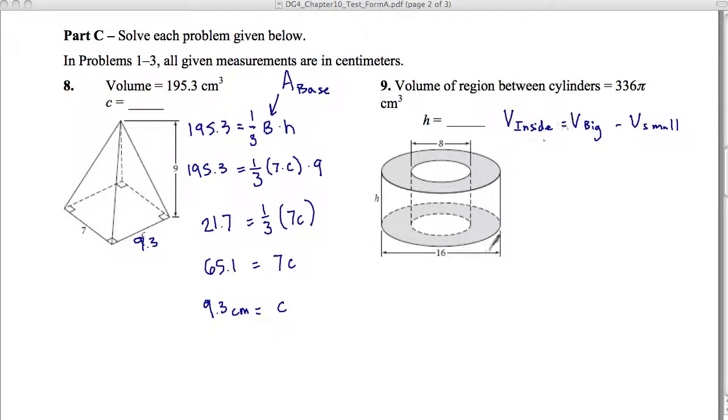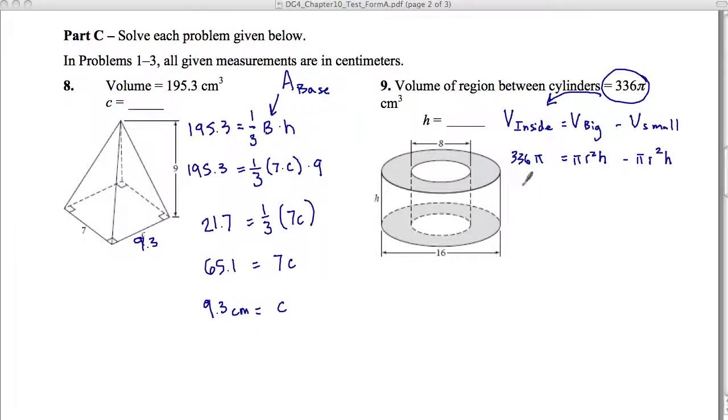Actually, let's go ahead and take our 336 pi, substitute it right here. So we have 336 pi is equal to volume of the big cylinder is pi r squared h, minus small cylinder pi r squared, and then times the height of that.